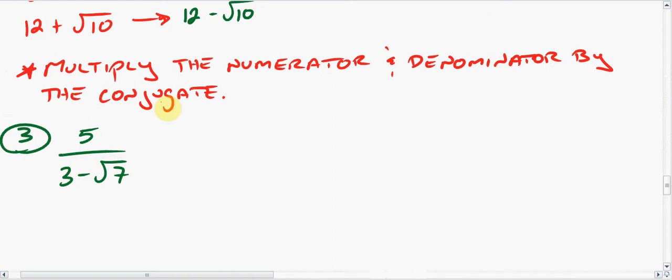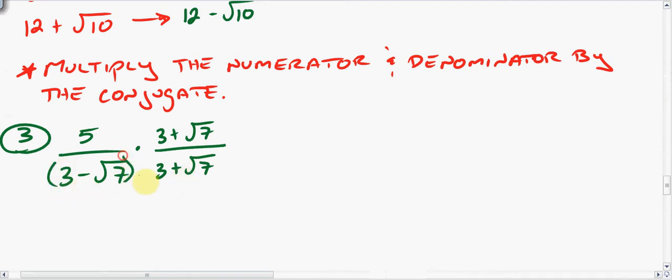So we're essentially still multiplying by 1, but we can change the way the number 1 works. So what is the conjugate of 3 minus the square root of 7? Remember, all we do is change subtraction to addition, so the conjugate is going to be 3 plus the square root of 7. And that goes in the numerator and the denominator, so I have to put it up in the numerator as well. Anything divided by itself is 1.